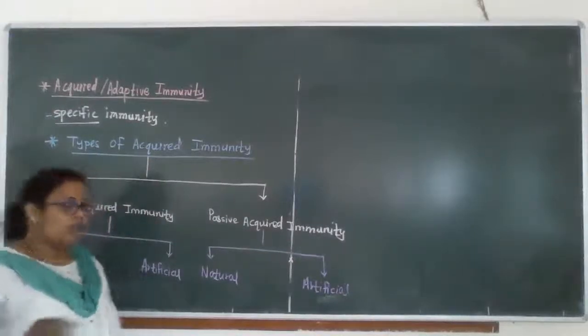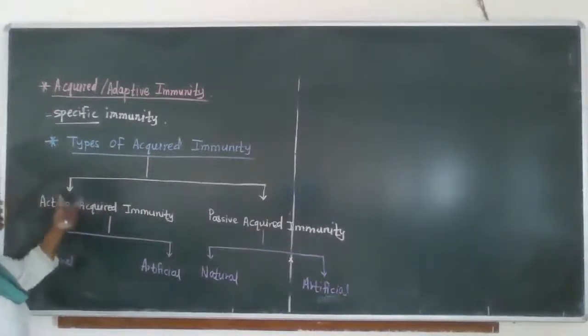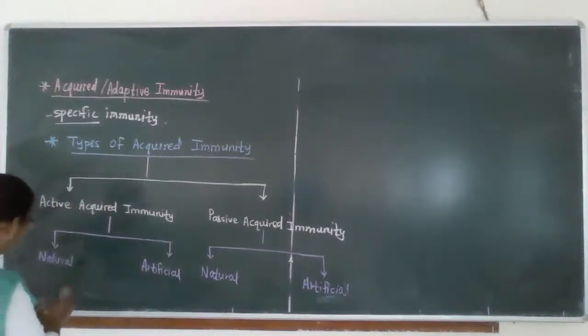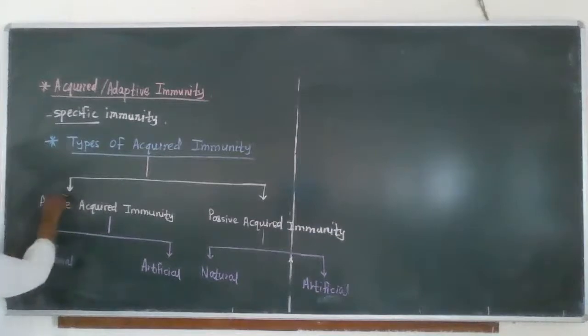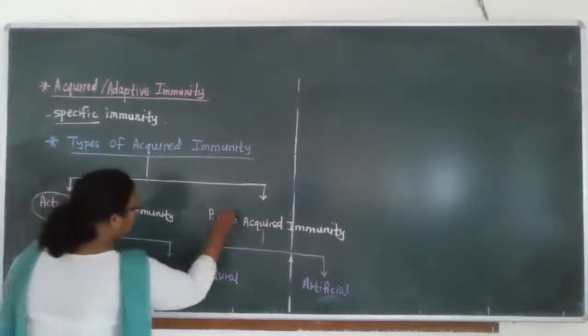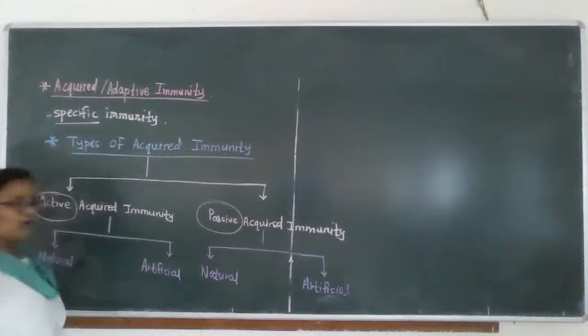So acquired immunity is divided into active immunity and passive immunity.